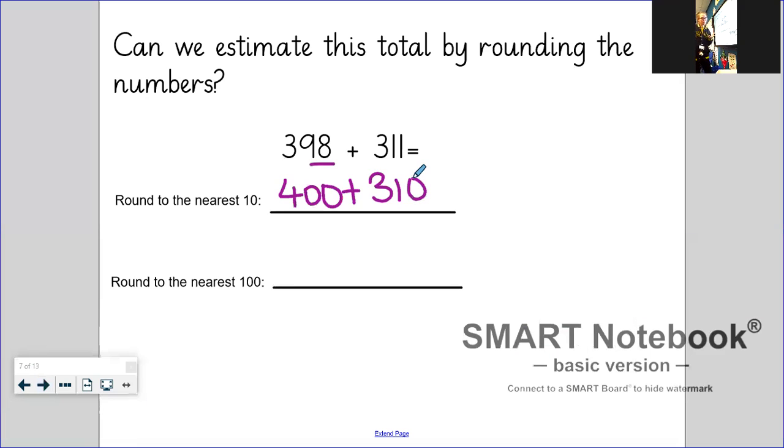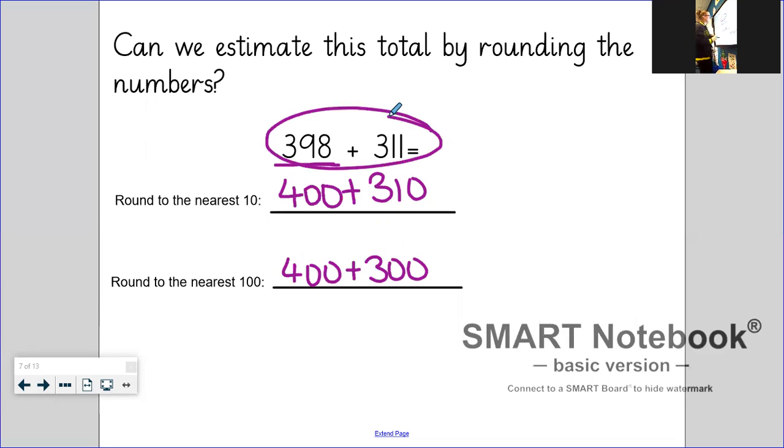Now I'm not actually putting the answers in yet. I'm just rounding the numbers. Then I round to the nearest 100. 398 is nearer to 400, so it'd be 400, and the other one would round down to 300. So I would say that the answer to this number sentence would roughly be 700.